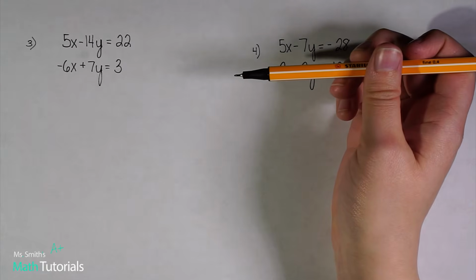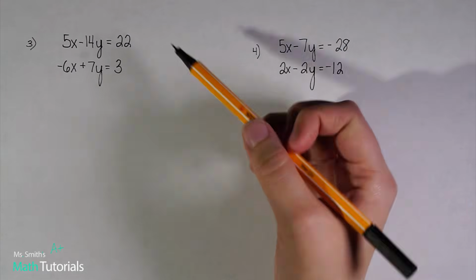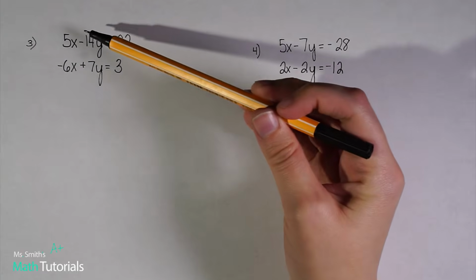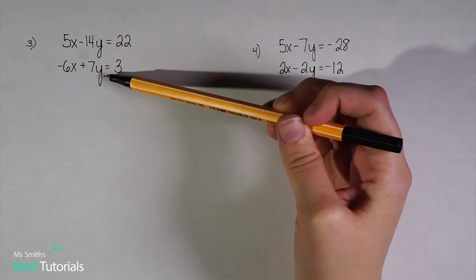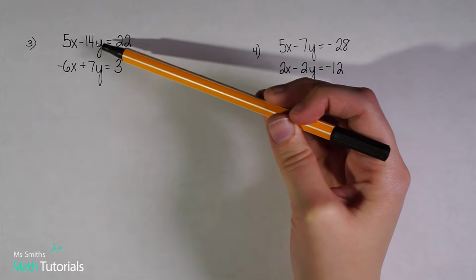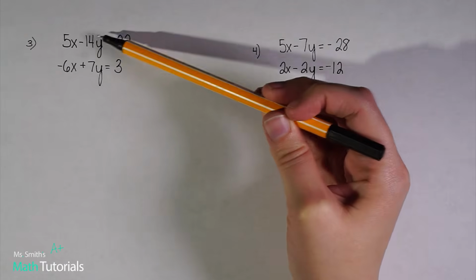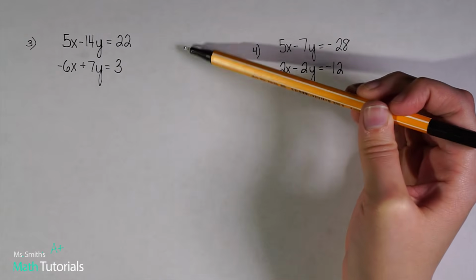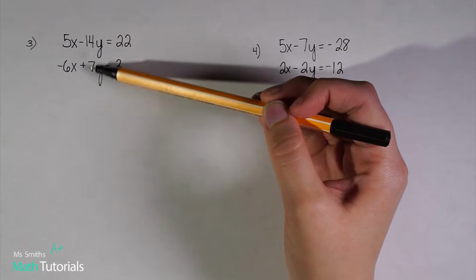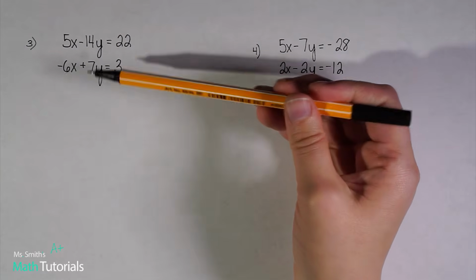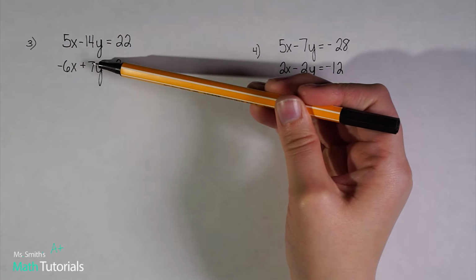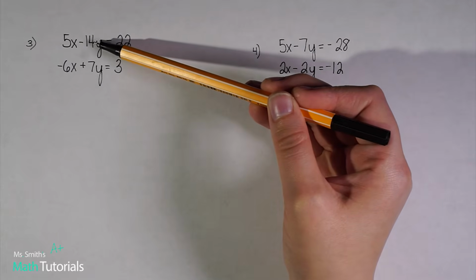Now there's a couple ways you could go about this. I'm going to show you the easiest way. If you notice, I'm going to target this center area, so my y's. That's what I'm going to work on. I want to create a situation over here where I've got the same but opposite signs. So you'll notice that 7 times 2 would give me 14.